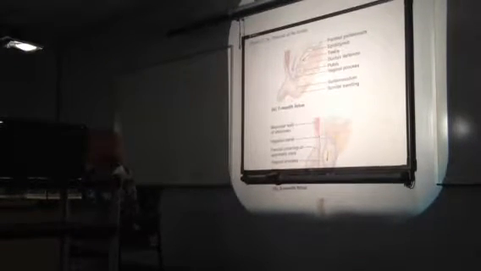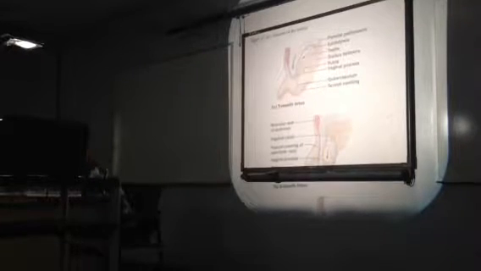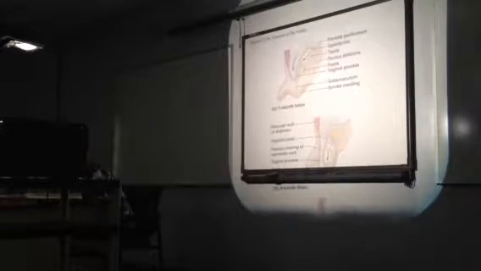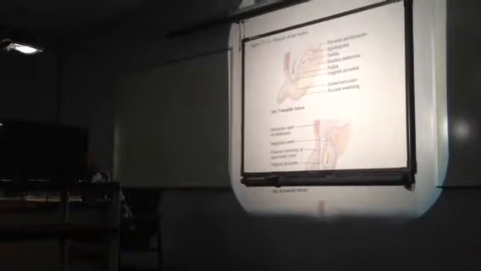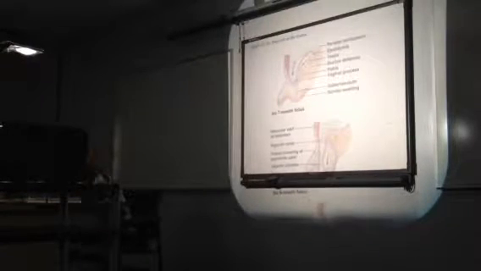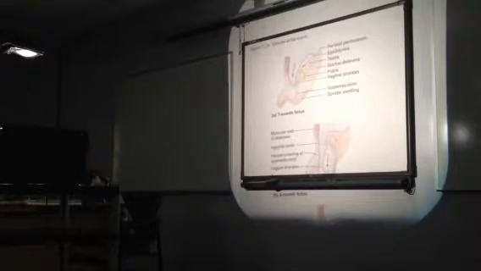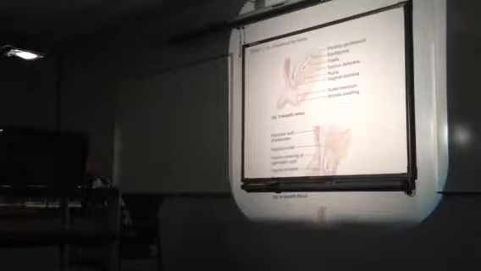Then number two. About 1 to 2 months before birth, the testes and other structures descend to the lower abdominal cavity.